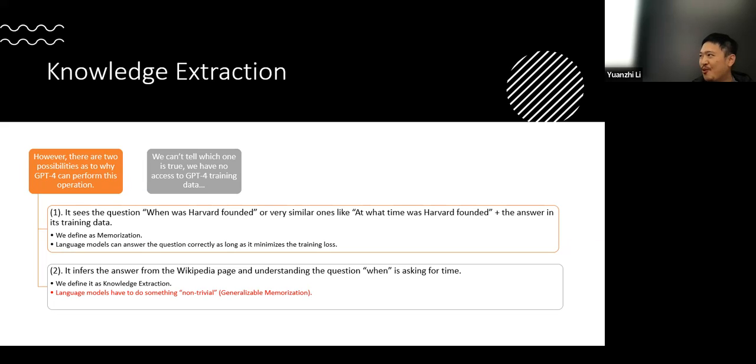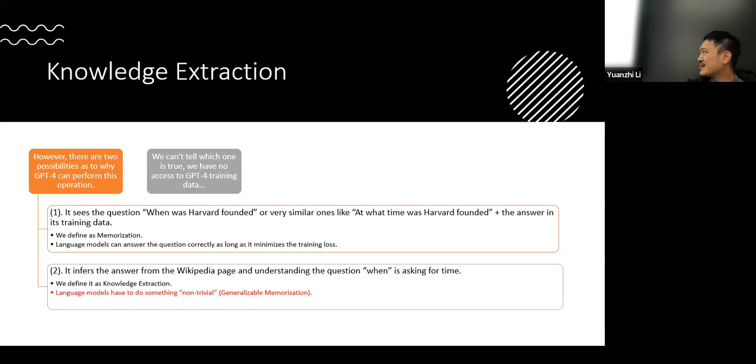Okay, so what we care about is a second case where it doesn't see this question in its training data, but it only sees a Wikipedia article of Harvard, and then it tries to infer the answer to this question just based on understanding when it's asking for time, where it's asking for place, and whom it's asking for a person.